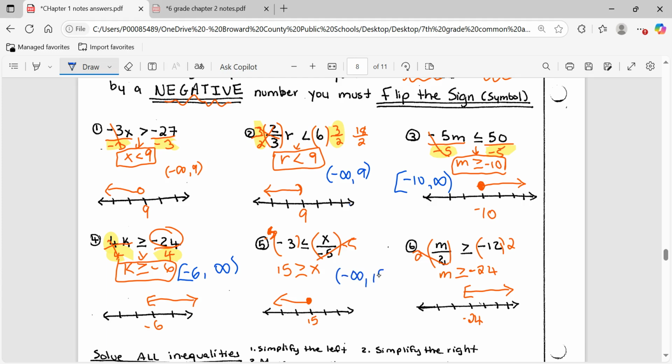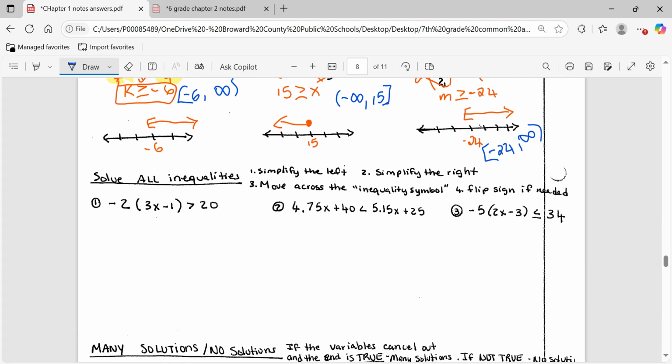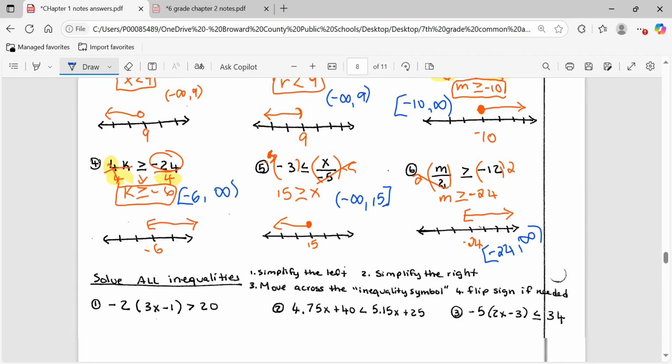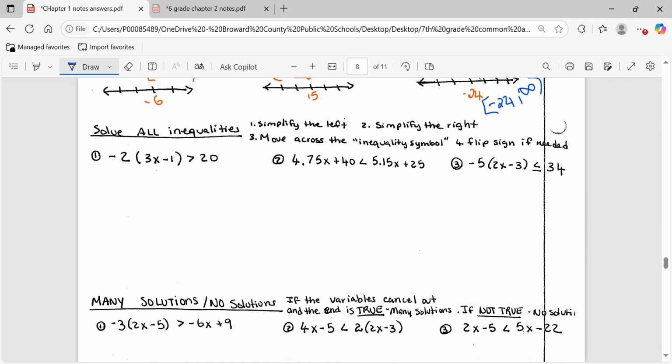And then this is 15 with a closed bracket. And lastly, number 6, I'm going to the right. So I'm starting on negative 24 with a closed bracket, and I'm going to positive infinity. Now that we remember that little rule there, let's solve some equations with the inequalities.